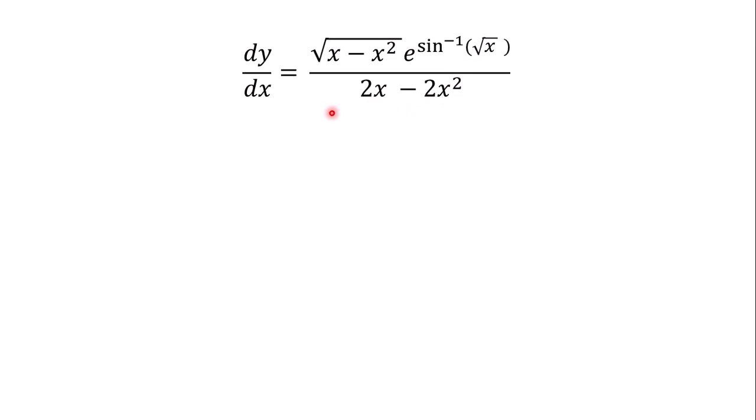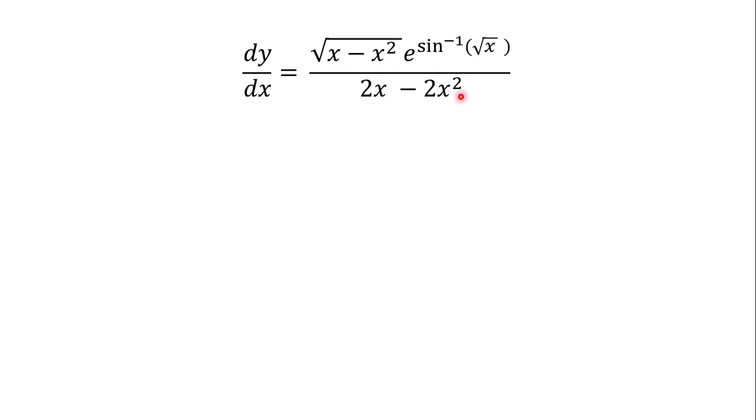Okay, so the answer to the derivative question is either the other one or this one. This is the rationalized form, and the other one is the unrationalized form. So either you leave your answer in the other form or this form, you're good to go.